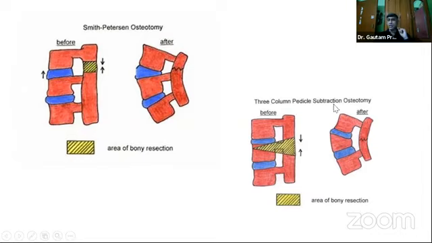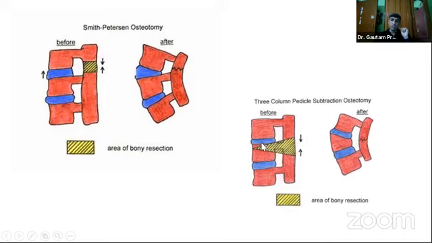Another is pedicle subtraction osteotomy. As the name suggests, you do the osteotomy keeping the pedicle in mind. So along the pedicle, we go out up to the anterior part of the body, and it can be done either with the help of an osteotome or a decancellation process.